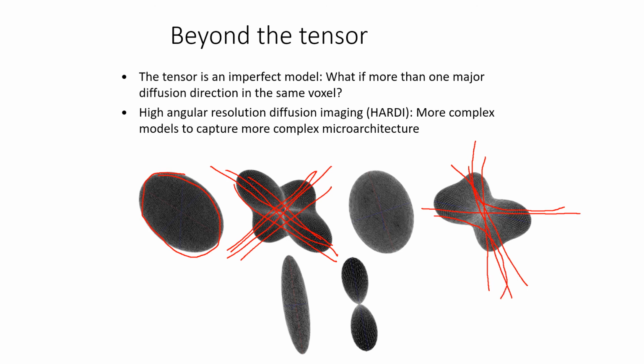That's kind of too sharp of a curve. We don't have really sharp angles in biological features in our brains, so this is probably crossing fibers.